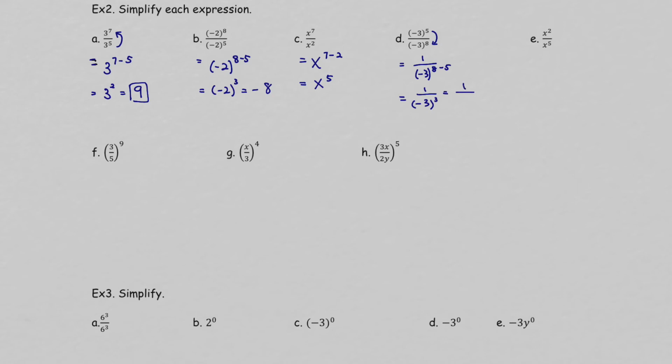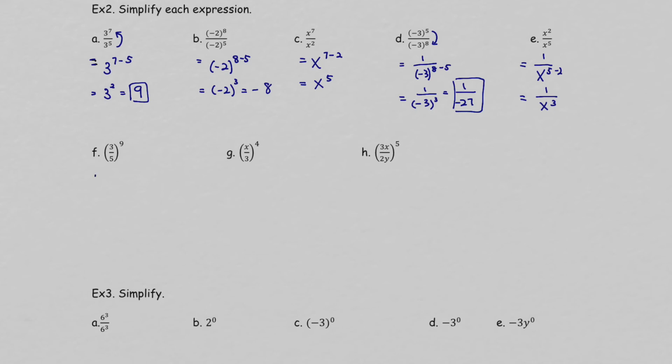That gives you 1 over negative 27. Same thing if it's a variable, right? Denominator exponent bigger, bring it to the denominator. 5 minus 2 gives you 1 over x cubed.